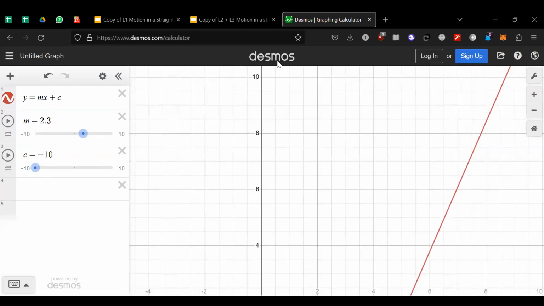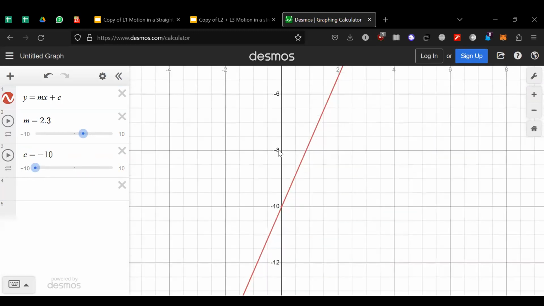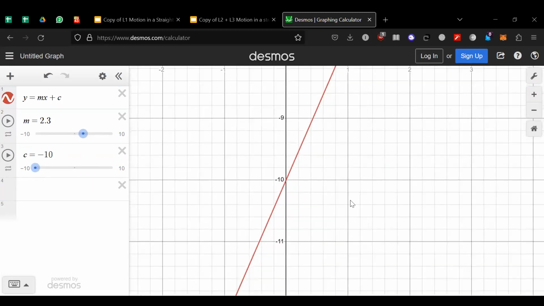Well, it is going to intersect at 0, minus 10. So that means this value of C essentially determines where this straight line is intersecting the y-axis. So again, back to the original statement.